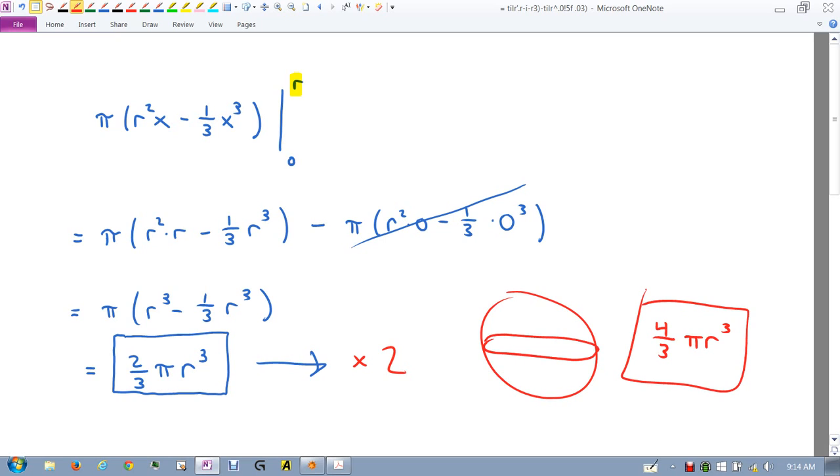So that just verifies what we already knew. In fact, that's probably the way that formula was determined. That's kind of cool, huh?